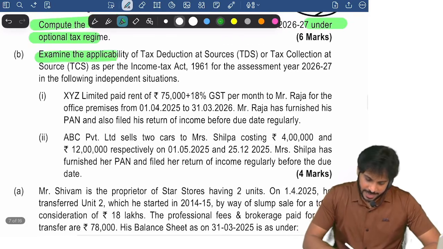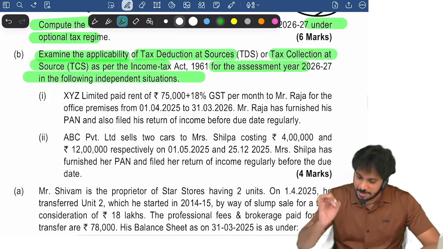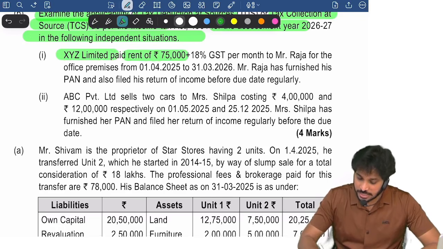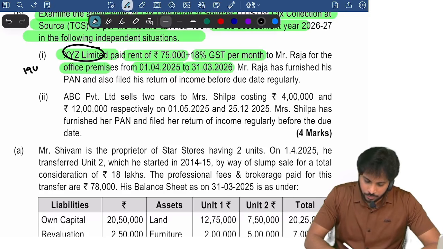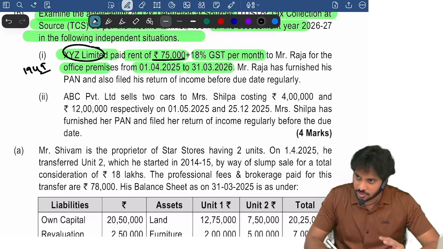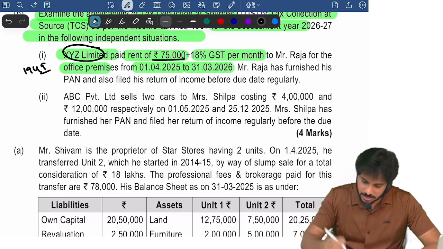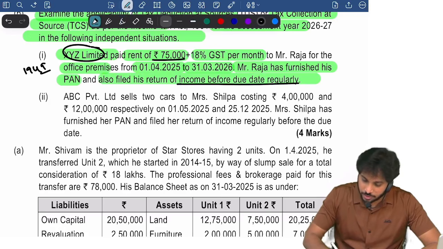Next one. Examine applicability of TDS or TCS for the assessment year in the independent situations. Two situations they gave. XYZ Limited paid 75,000 rent plus 18% GST for office premises from 1st April to 31st March. It's a company, therefore 194I is applicable. Per month rent is more than 50,000. Therefore, every month you need to deduct TDS at 10%. Mr. Raja has furnished his PAN and also filed his return of income before the due date regularly.